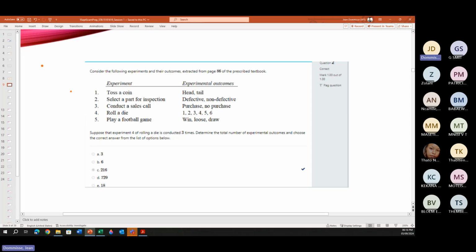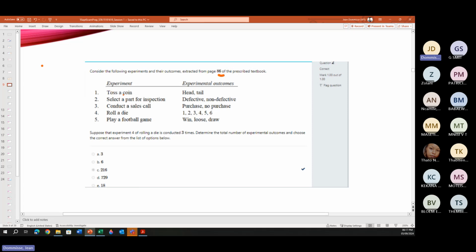Okay, so let's look at this question. Consider the following experiment, and I think if I can remember, something like this was in your assignment as well for this year. Consider the following experiment, the outcomes from the prescribed book.